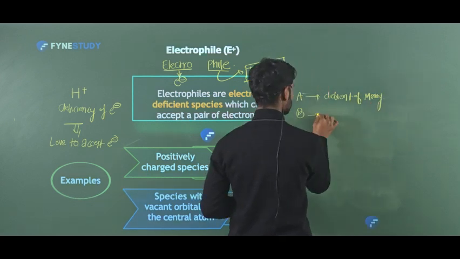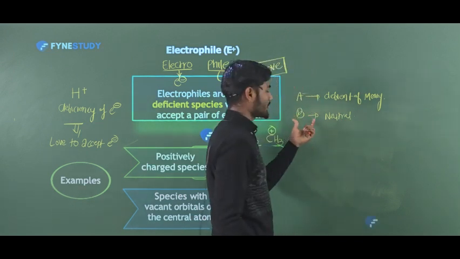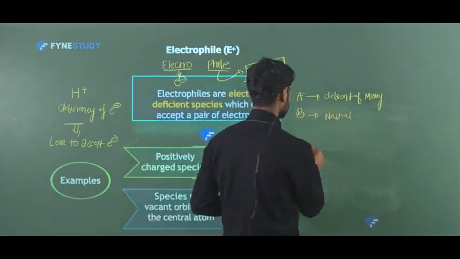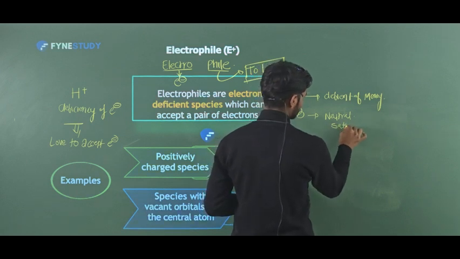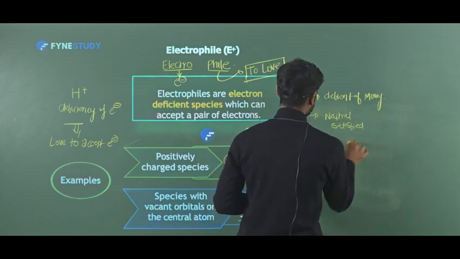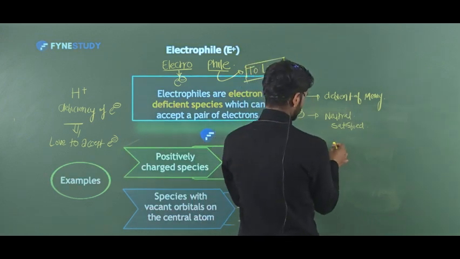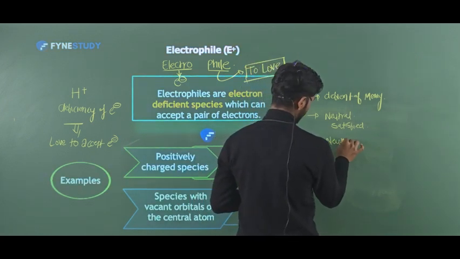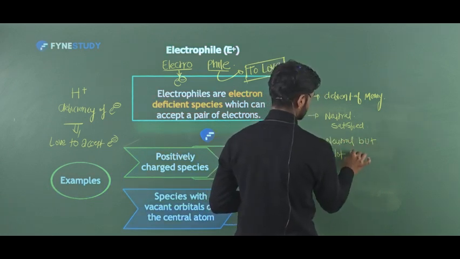Person B is neutral, meaning person B has sufficient money and is satisfied with this. And C has neutral money but is not satisfied.